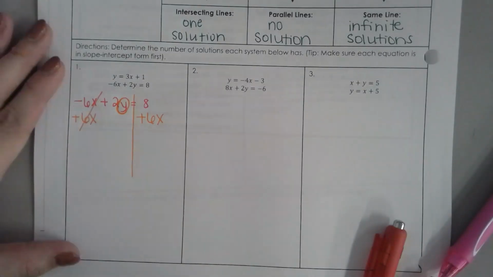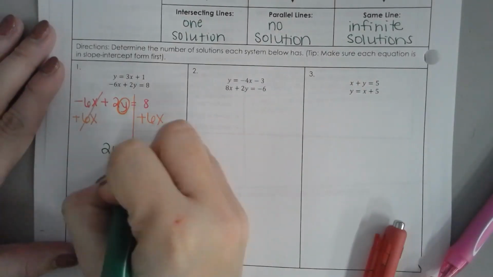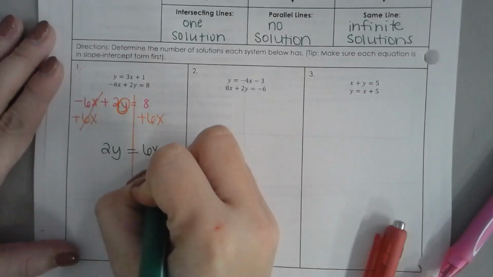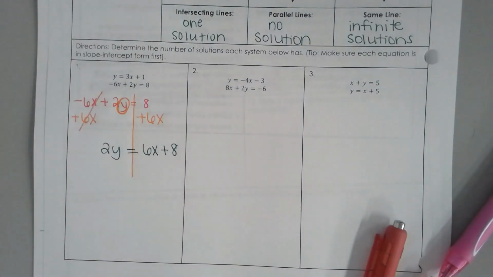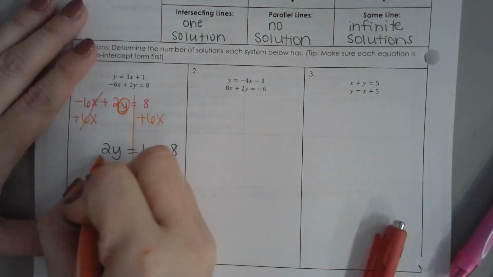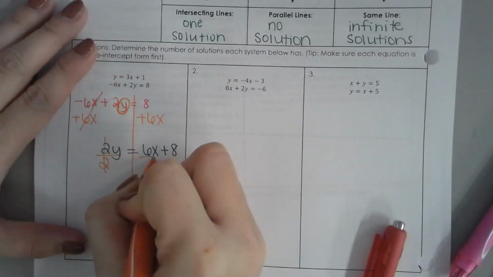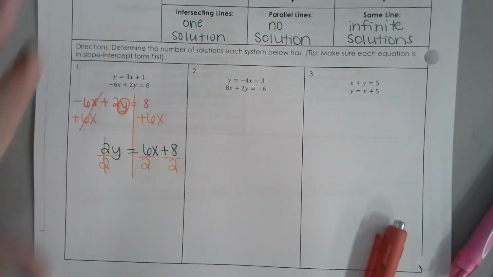So I'm going to write 2y equals 6x plus 8. The 8 doesn't have an x, so you can't combine those; you just leave it like that. Is the y by itself? No. What's with it? 2. So how do we get rid of it? Divide everything by 2.